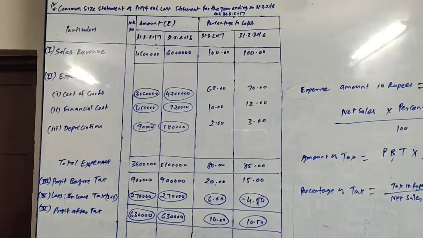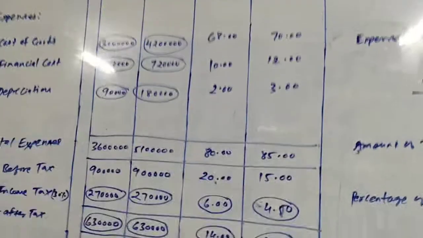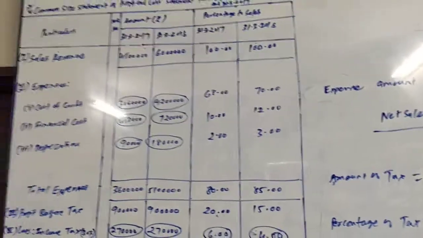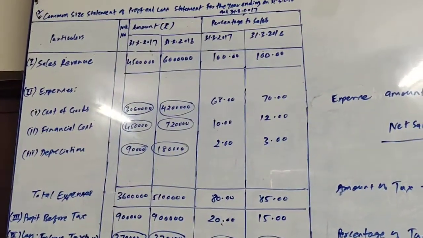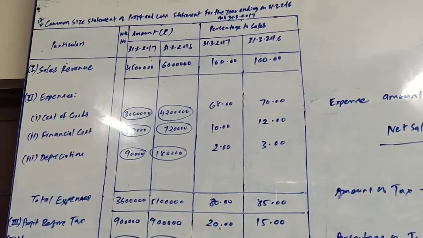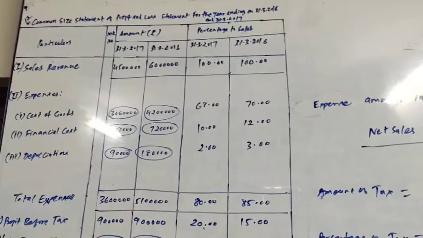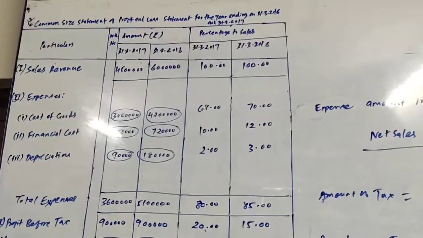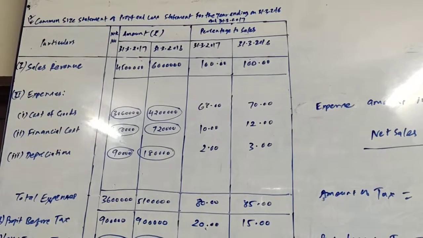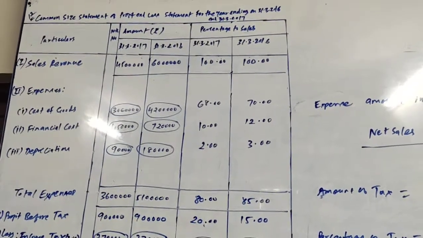But here it is presented for the particular year, so base is taken 100, but sales has a decrease. Now in context of sales, if we talk about the expenses, cost of goods for 2016 was 70%, and for 2017 it is 68%. So cost of goods expenses are reduced by 2%.